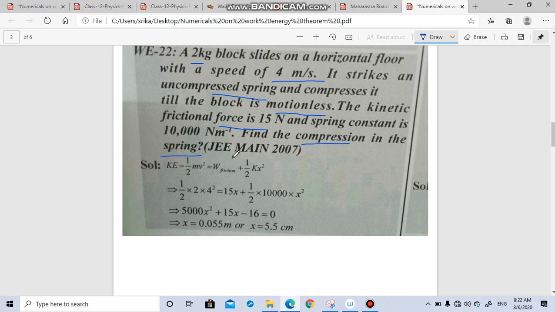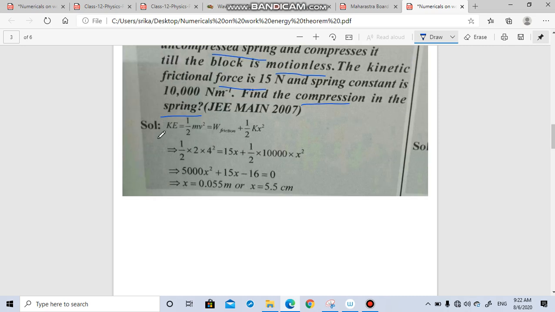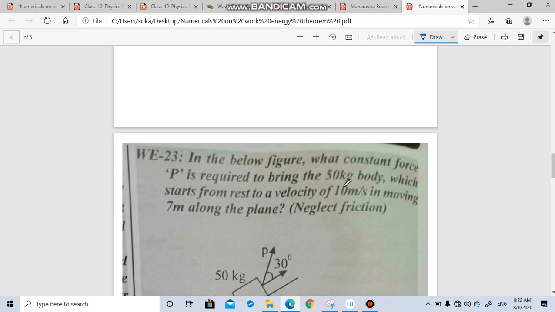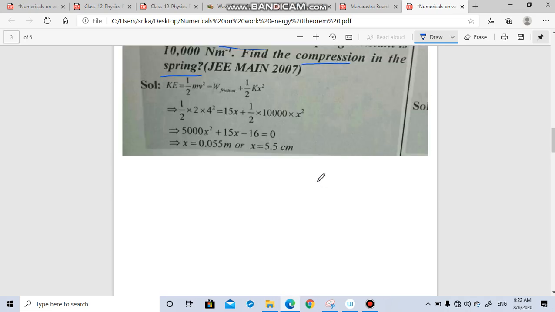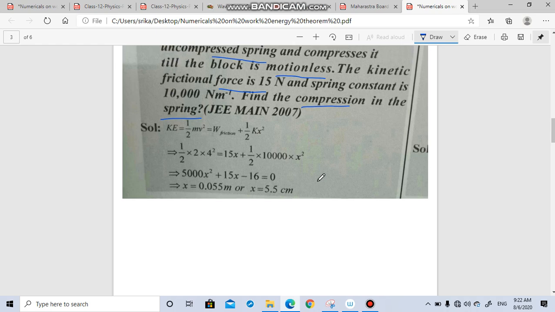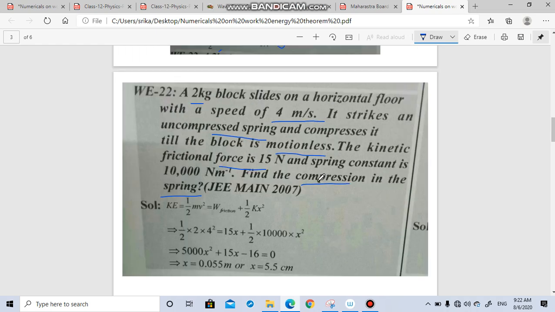Now, the kinetic energy is half mv square. Let us try to understand this with a simple example. Let us say there is a car, and it is trying to bump into another car.